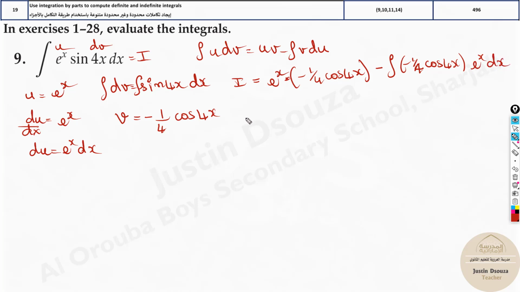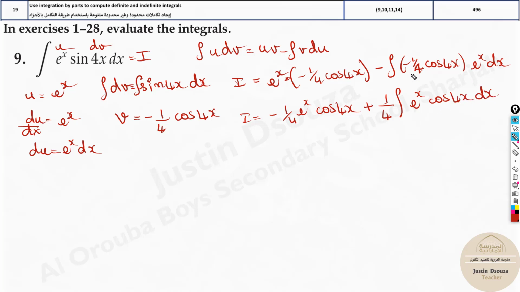Now let's rearrange and write everything. Here we can write the negative 1/4 outside as a constant, e to the power x cos 4x. Then what do we have? This minus I will take outside. The signs and the constant term can be taken out. I'll write 1/4 outside the integral. What is remaining? I'll write e to the power x cos 4x dx.